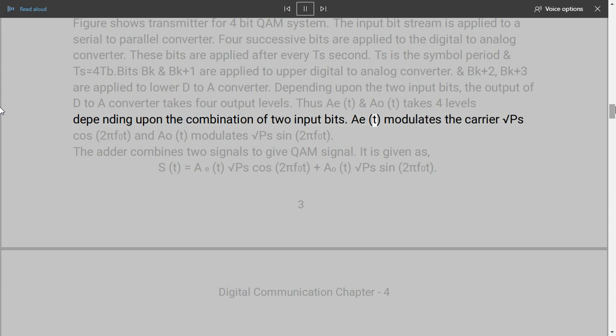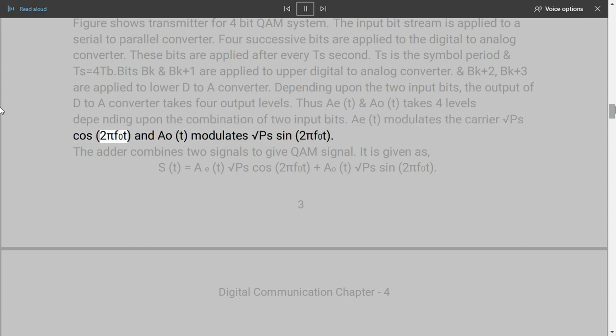Ae(t) modulates the carrier square root Ps cos 2 pi f0t, and Ao(t) modulates square root Ps sin 2 pi f0t. The adder combines the two signals to give the QAM signal. It is given as s(t) equals Ae(t) square root Ps cos 2 pi f0t plus Ao(t) square root Ps sin 2 pi f0t.